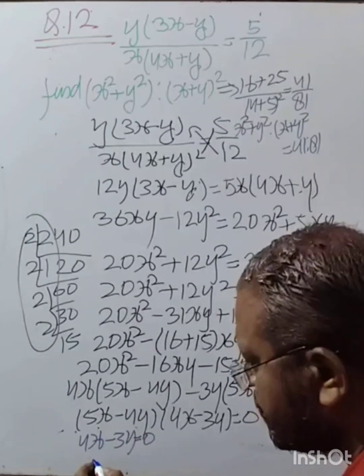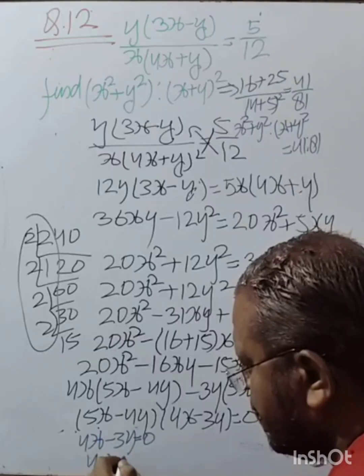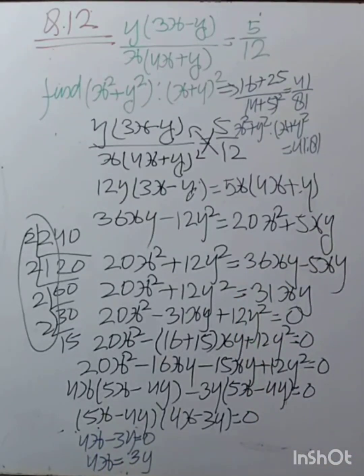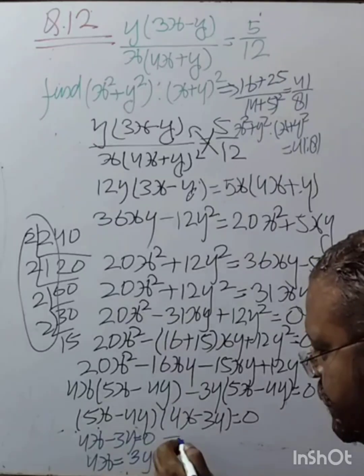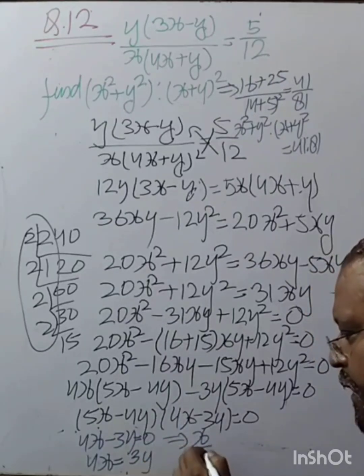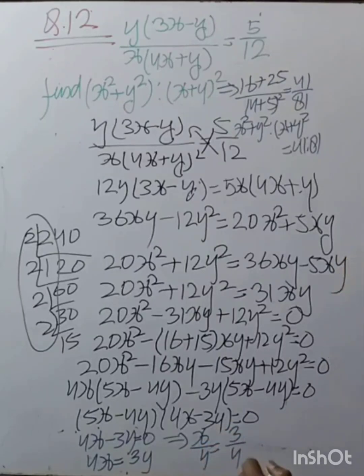So it becomes 4x is equal to 3y. Right? So you will get how much? X upon y is equal to 3/4.